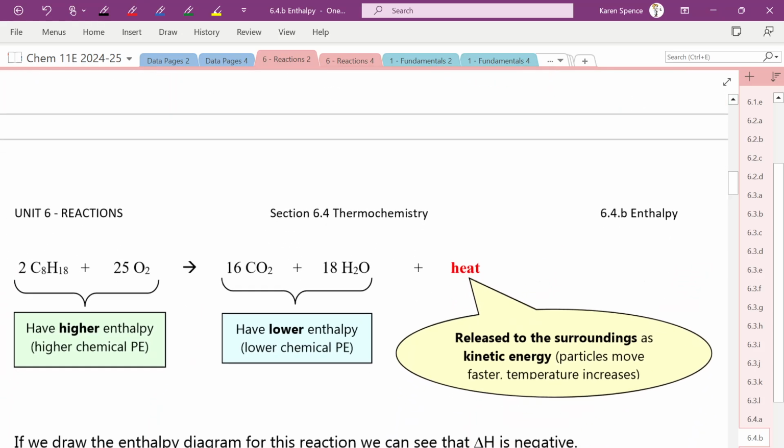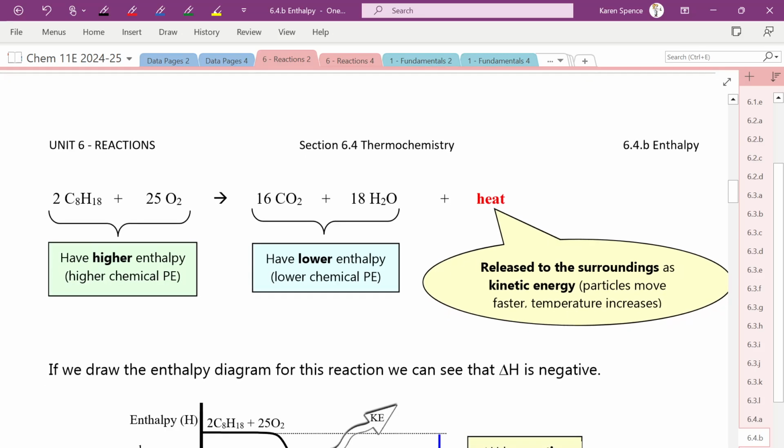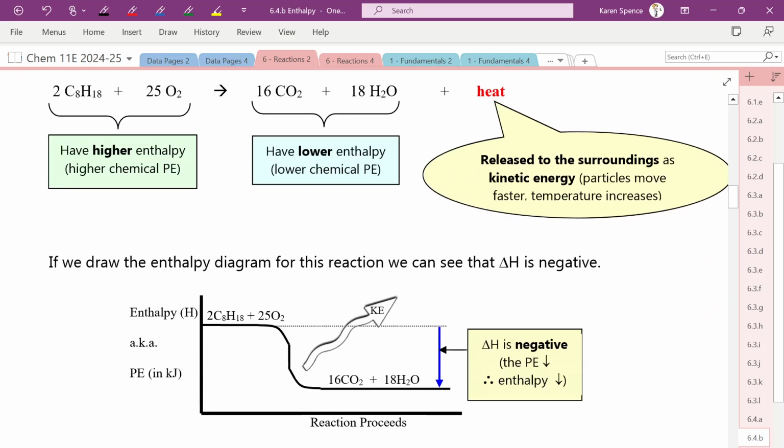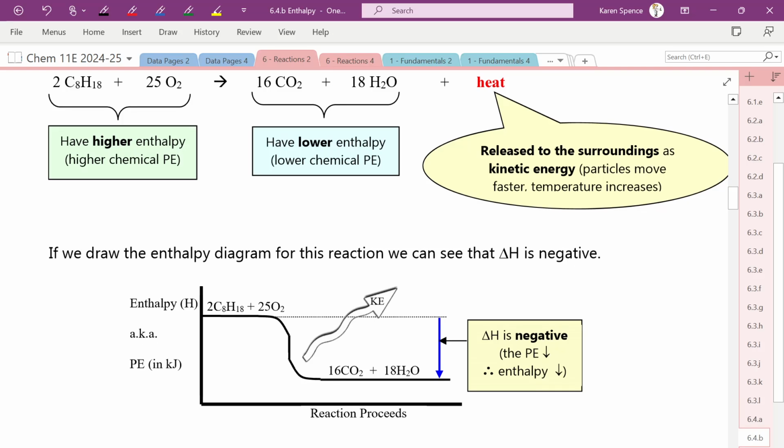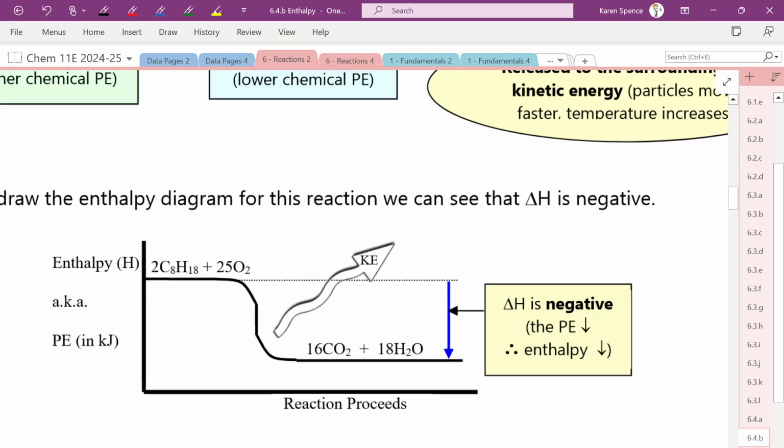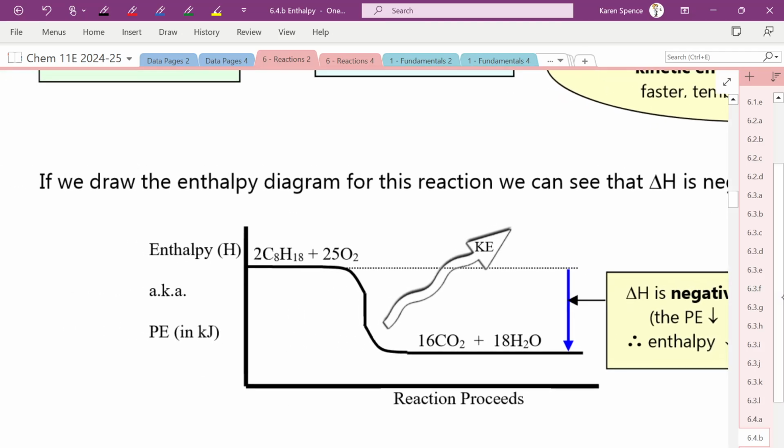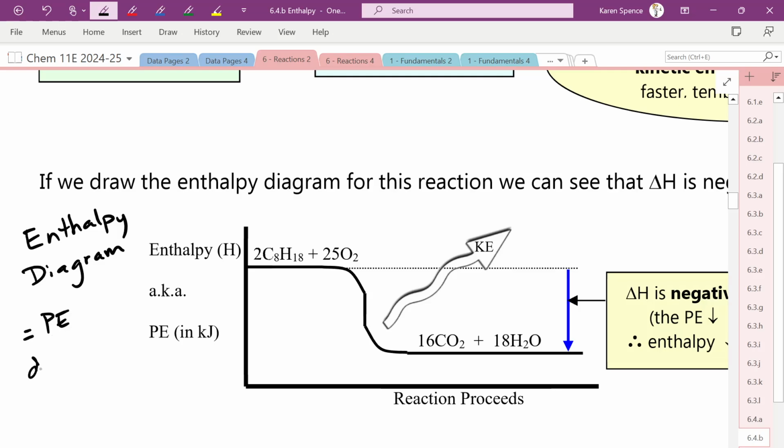Alrighty. So here is the same thing again, and we have our enthalpy diagram, which looks exactly like our what? Potential energy diagram. So the enthalpy diagram is the same as a potential energy diagram. And we call them diagrams rather than graphs.